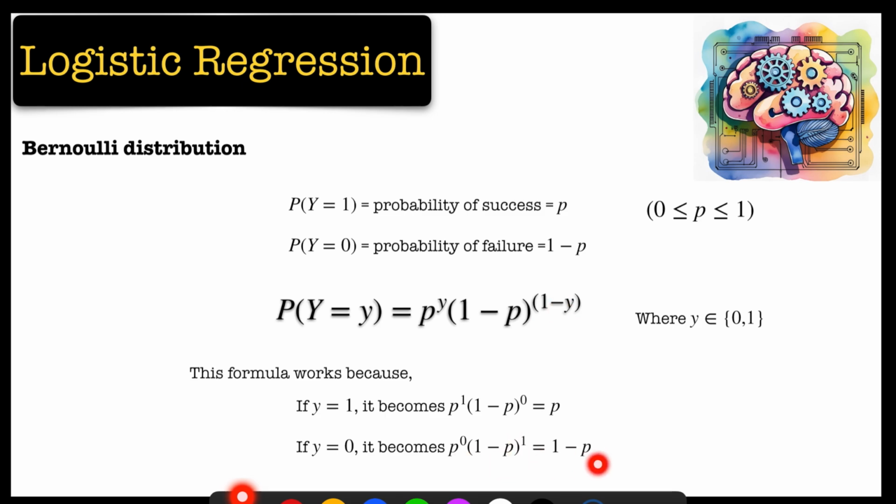So this is 1 minus p. So if y equals 1, the probability is p. If y equals 0, the probability is 1 minus p. So this is success and this is failure. And that's why this formula works for Bernoulli distribution.